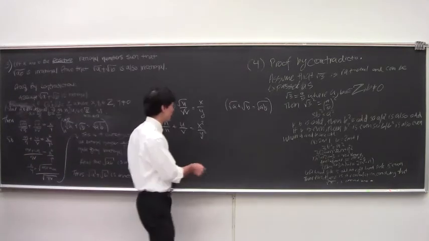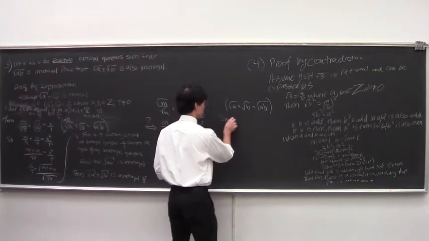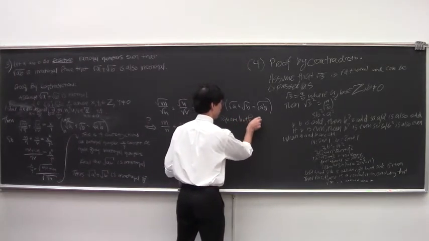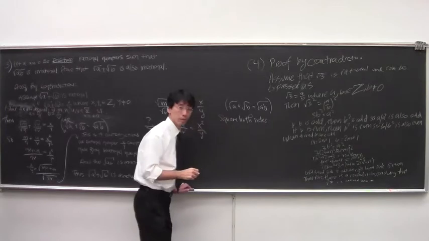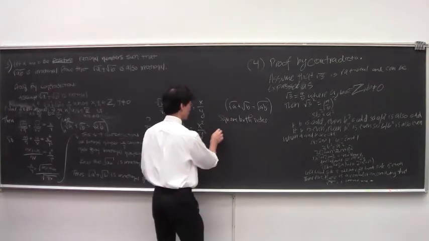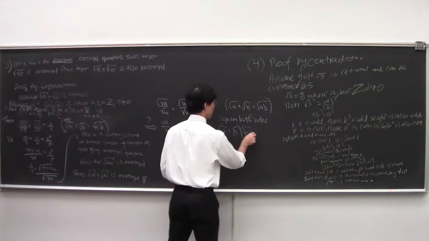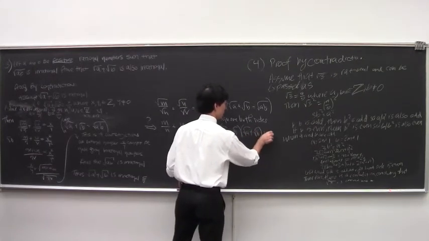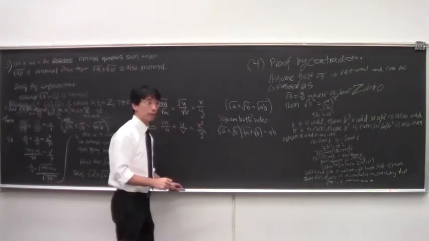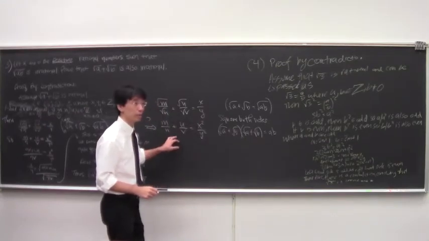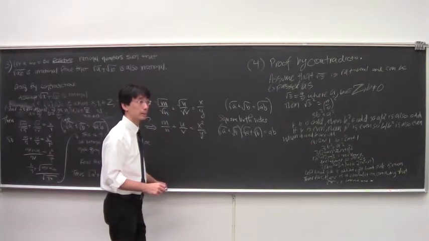Okay, so you square both sides. So you get root a plus root b times root a plus root b equals ab. Why does root a plus root b equal root ab?